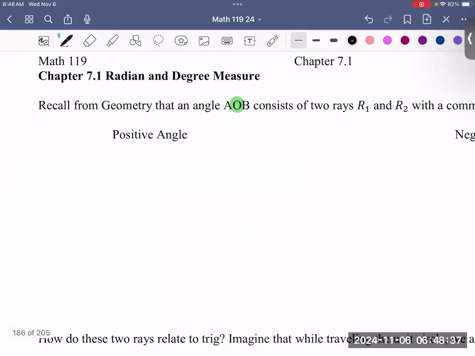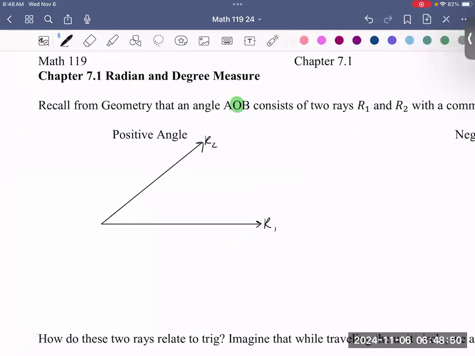Now, if we're talking about these positive angles, we have our initial ray. This is ray 1, and this is ray 2, and your pivot point, your vertex here, is at O. Ray 1 is called your initial ray, and ray 2 is called your terminal ray.